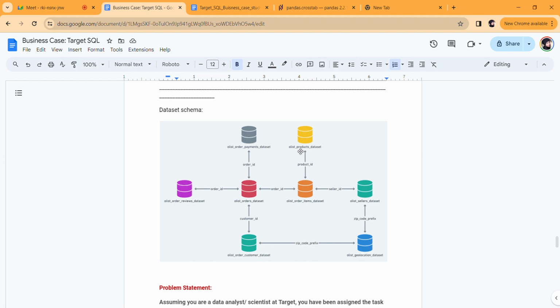This product data set is related to the order items by the product ID, which is the common ID present in these two tabs. These two databases are related by the seller ID. These two are related by the zip ID. These two are also related by the zip ID. These two are related by the customer ID.